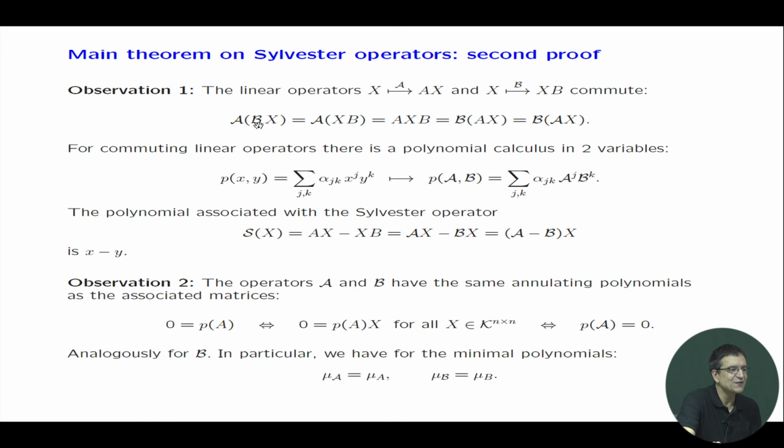Apply first the operator B and then the operator A: then you get first X times B and then multiplication with A. Or the operator script B applied to AX, here you have it the other way around. So script A and script B are commuting linear operators on a space of matrices.